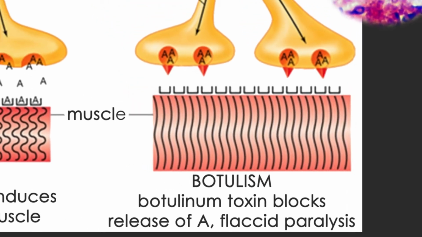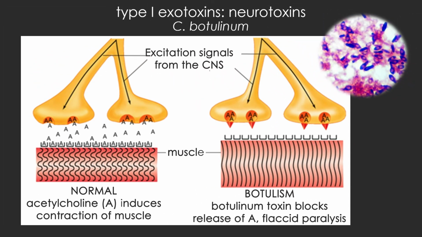Ultimately, though, this botulism toxin will find its way to the respiratory muscles and will cause respiratory paralysis, and the person will suffocate. So you have to put them on supportive therapy in order to breathe for them until these toxins can be bound up by the body and removed from the body.